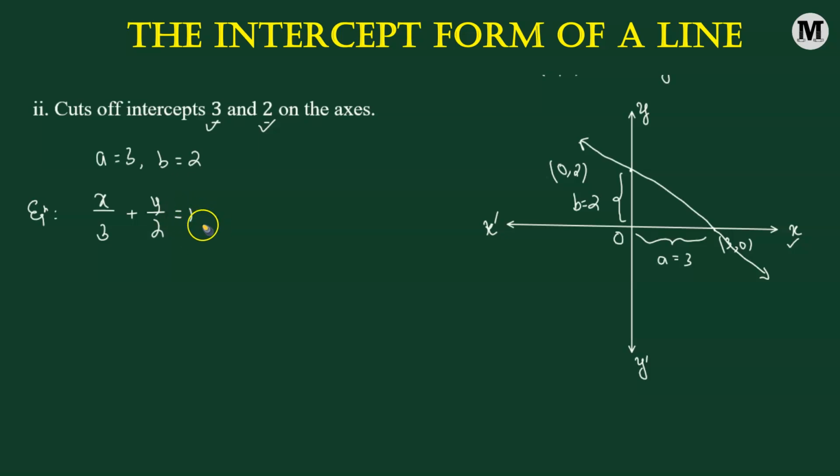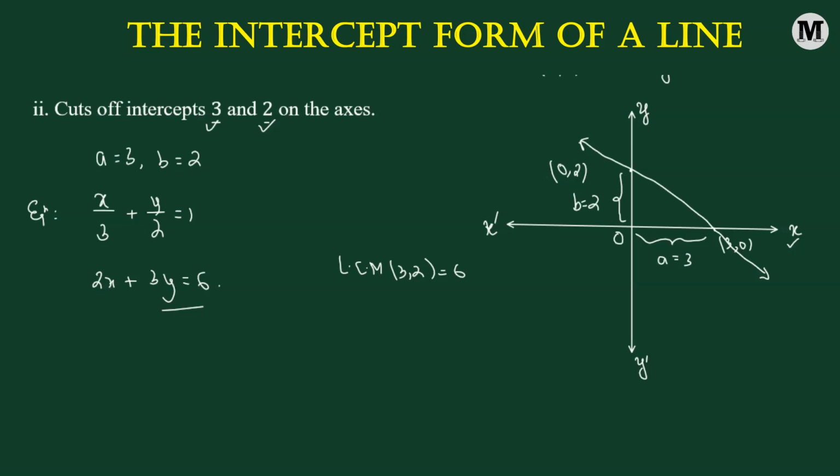This is the equation of the line, given in the intercept form. If we want to further simplify it, we'll consider the lowest common multiple of 3 and 2, which is 6. Multiply throughout by 6. That's going to give us 2x plus 3y equals 6. And this is going to be the equation of the line which cuts off intercepts 3 and 2 on the axes.